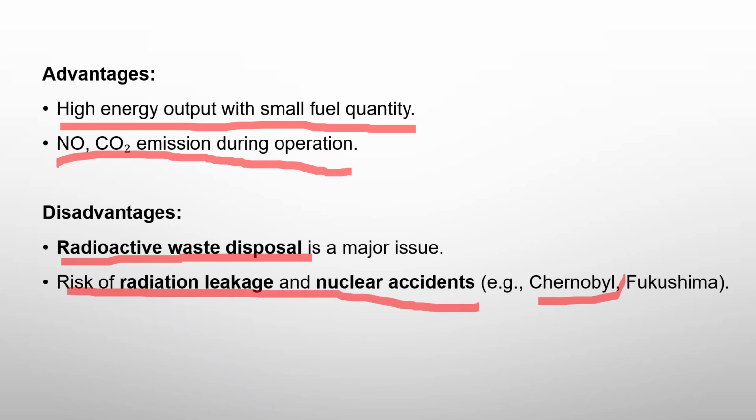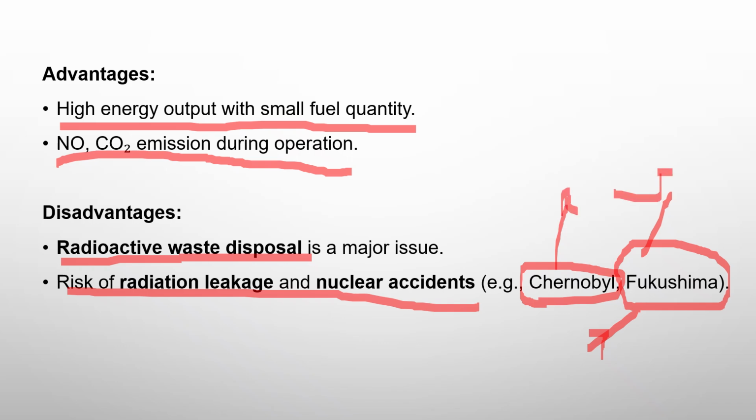This is the Chernobyl accident at USSR, Russia, and this is Fukushima, a nuclear accident observed in Japan during the 2011 earthquake. This is at Russia and this is at Japan. So you can refer to this.